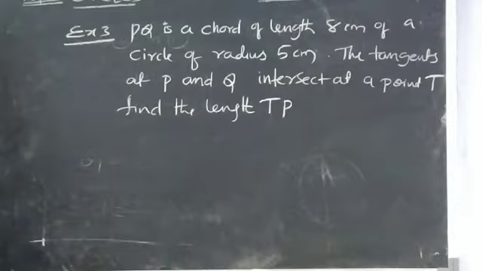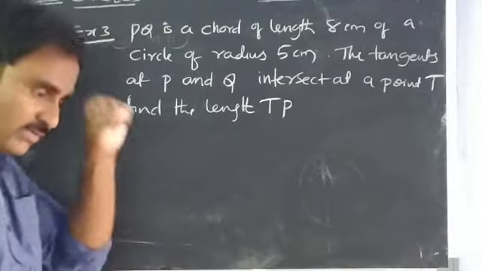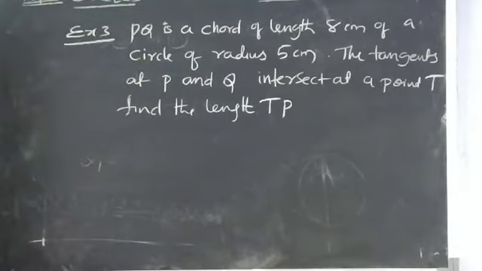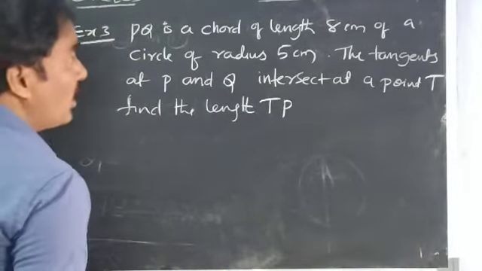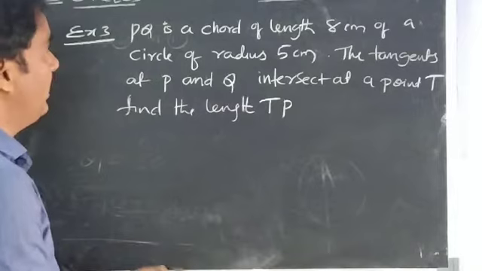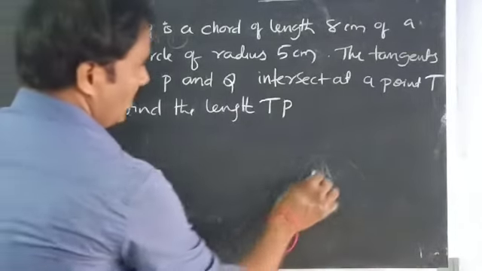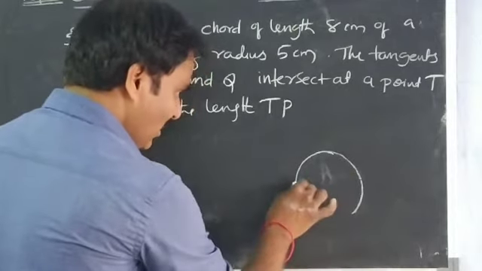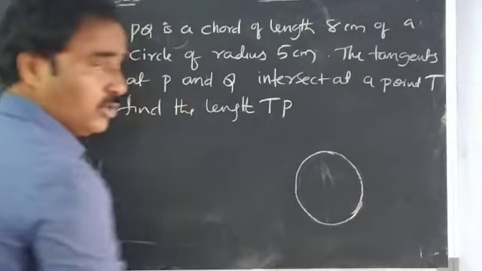Right. Now according to the question, first of all we should draw the diagram, then we can know the process to find TP. If you draw a diagram neatly, then half of the problem you can understand how to solve.